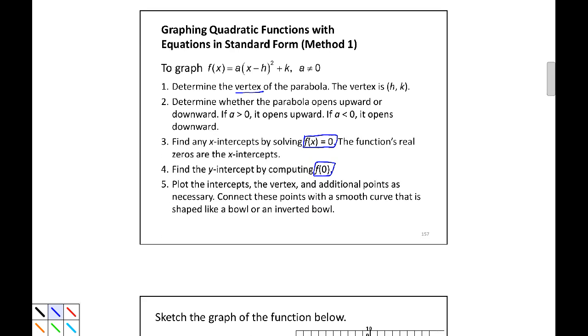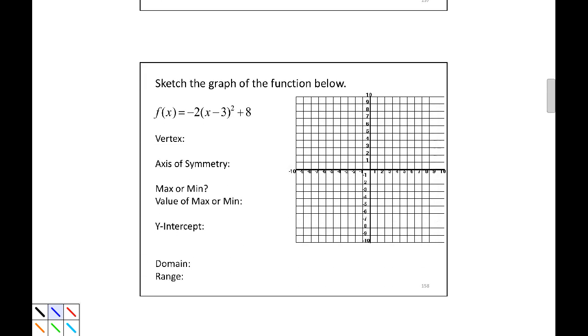Now let's graph two of these. Sketch the graph of the function f of x equals -2 times (x minus 3) squared plus 8. Now remember, the form is a times (x minus h) squared plus k, and (h, k) is the vertex.